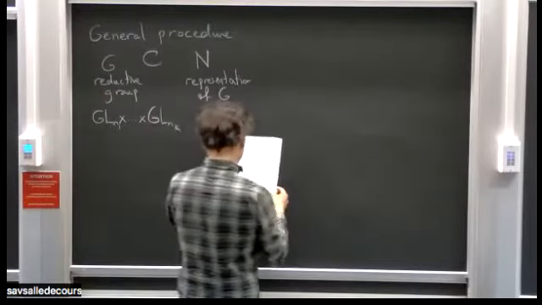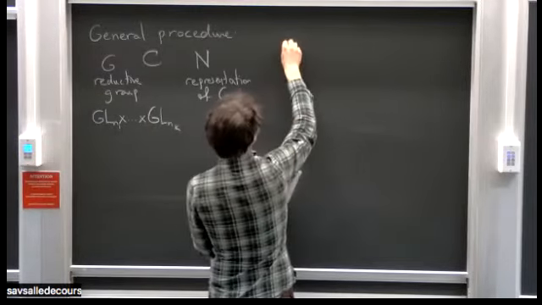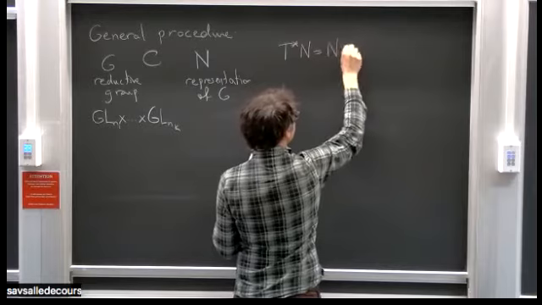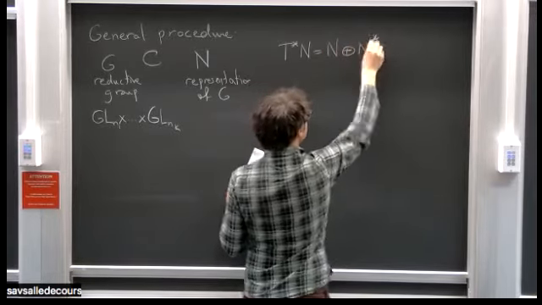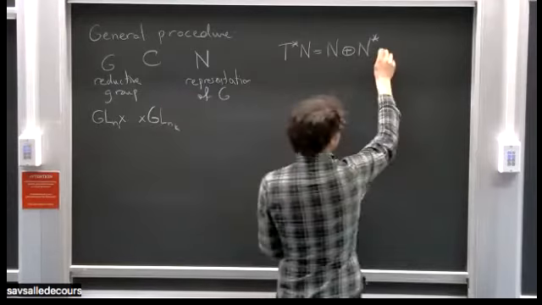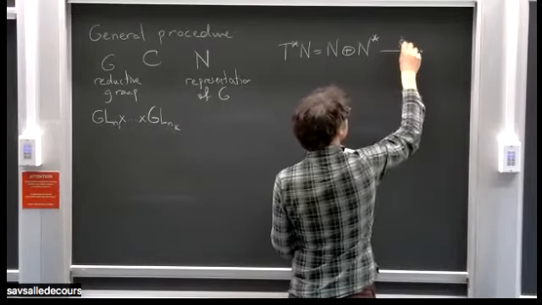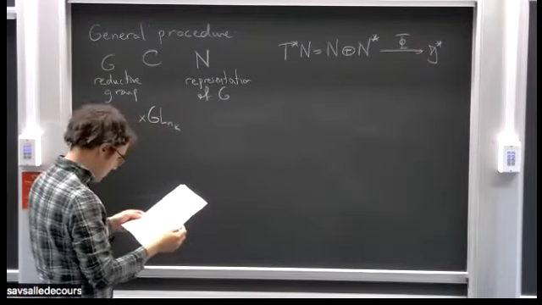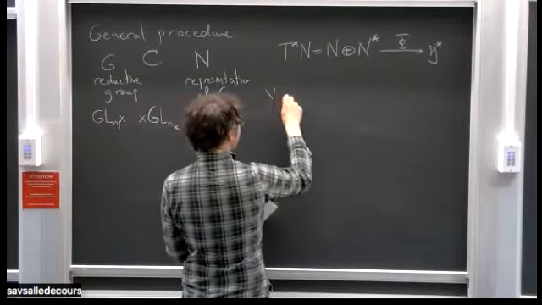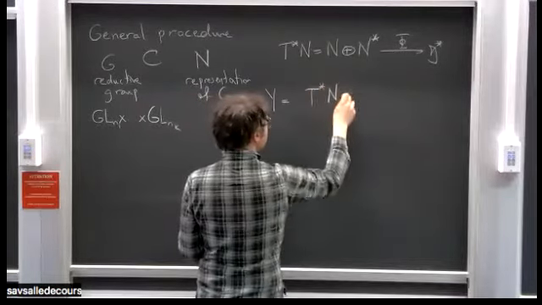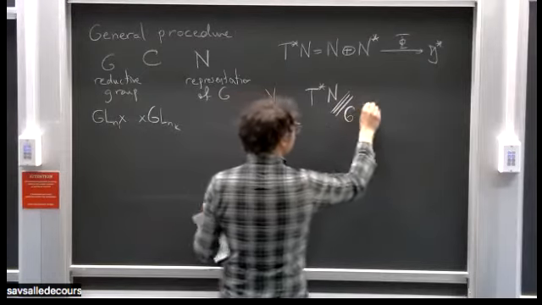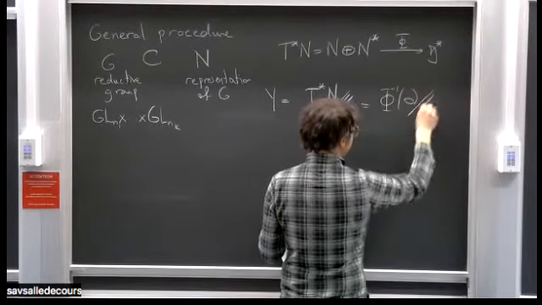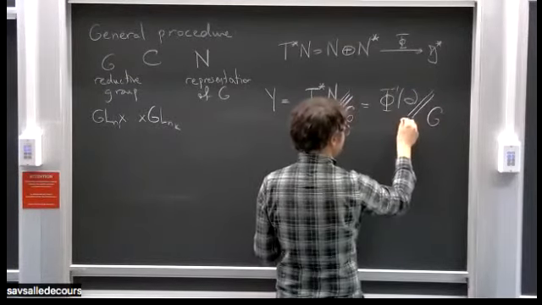All right. And then we form the cotangent bundle of N, which is just N direct sum N dual. It carries a symplectic structure and has a moment map phi to g dual. Then we find Y to be the Hamiltonian reduction of T star N by the action of G, which means we form phi inverse of 0, and then we take a quotient by the action of G. I'm going to put two lines to indicate that we take a kind of projective GIT quotient.